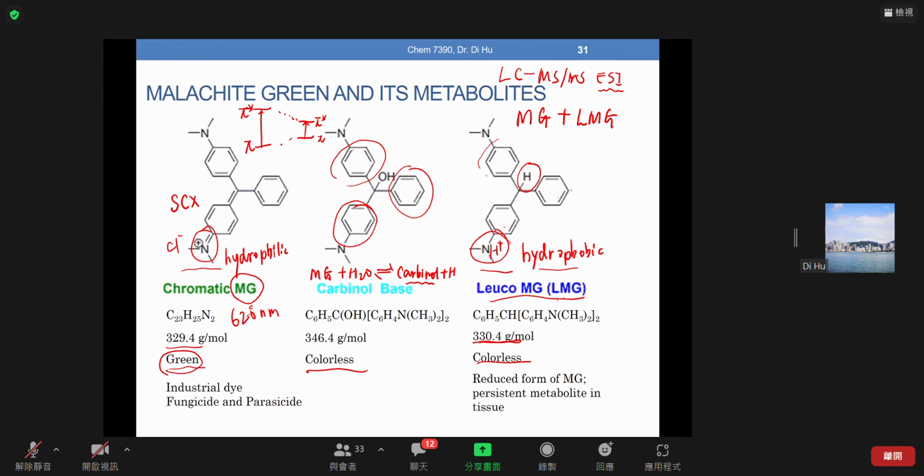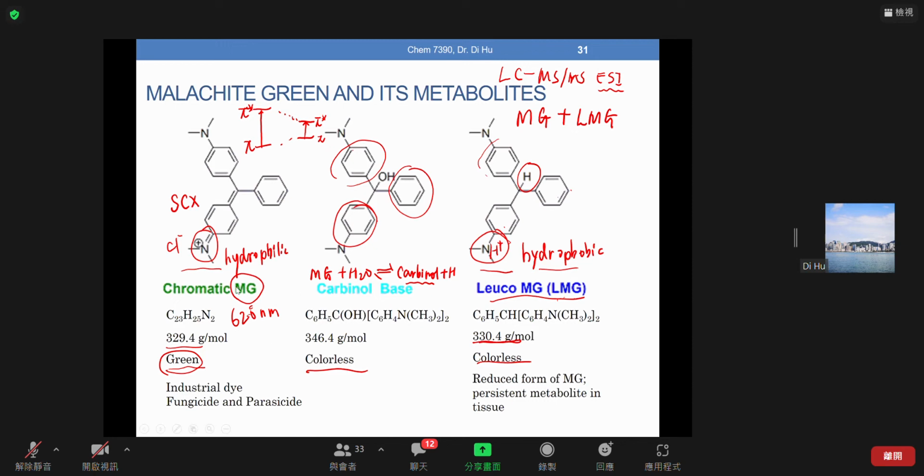Remember we said that in ESI you prefer polar compounds. Leucomalachite green itself is not that polar, so it may not be easily ionized. But if you add an acidic buffer, like a little bit of formic acid, that can help the leucomalachite green become protonated in ESI. Understand? Very good. So that is the kind of practice.